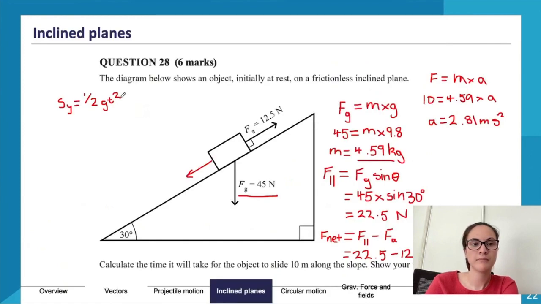Oh, there we go. Yeah, so we're actually going to modify it a little.